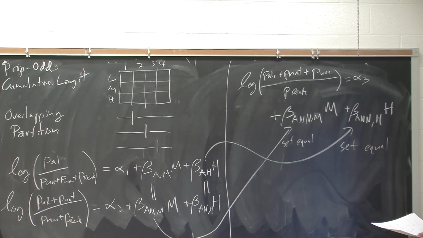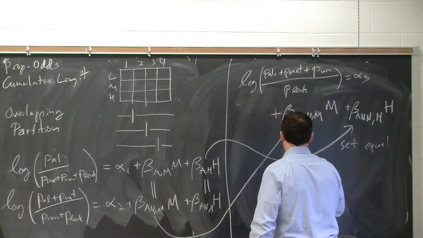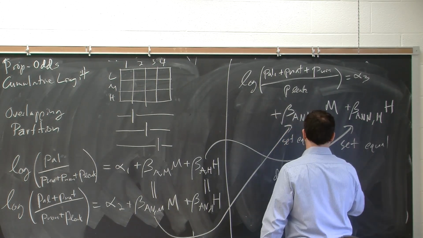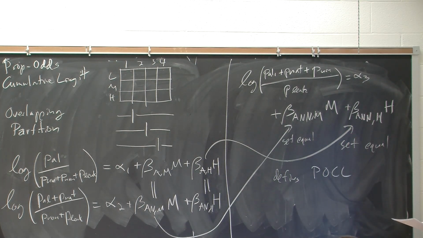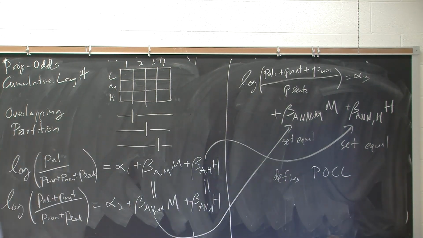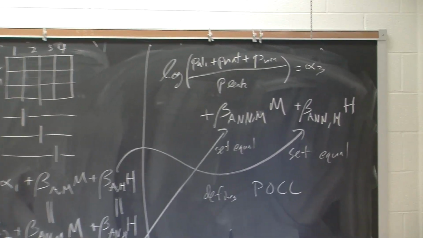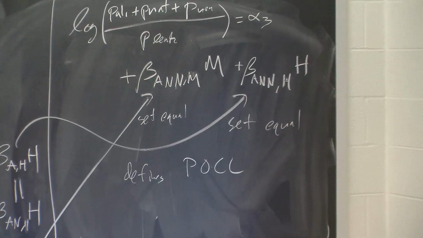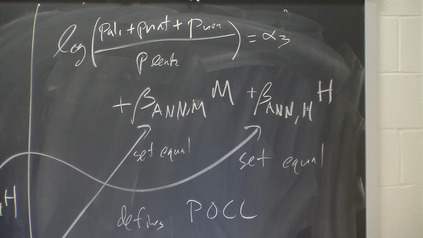And once we've done that, setting those equal defines this thing, the proportional odds cumulative logit model. And what we're saying is in terms of odds ratios of 2 by 2 tables.